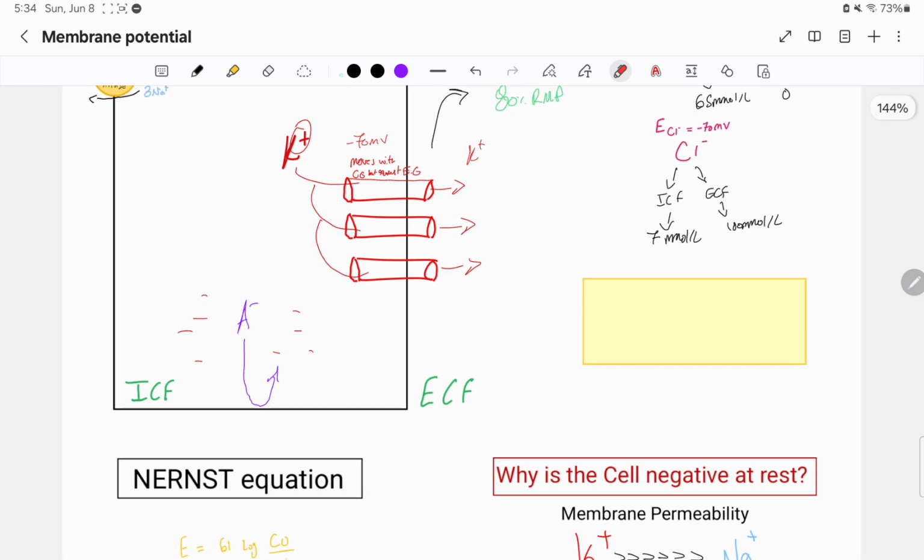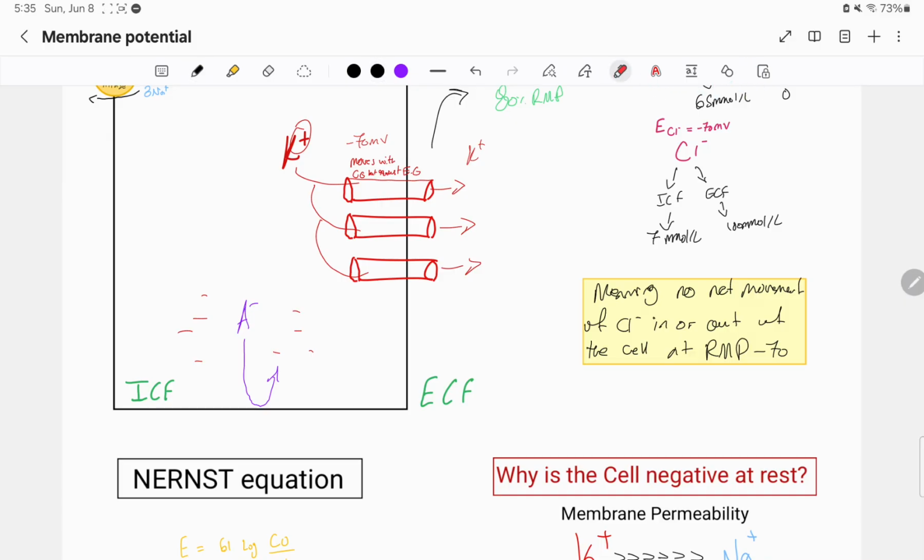All right, and I can write it here for you, that meaning no net movement of chloride in or out of the cell at resting membrane potential of -70. Okay?